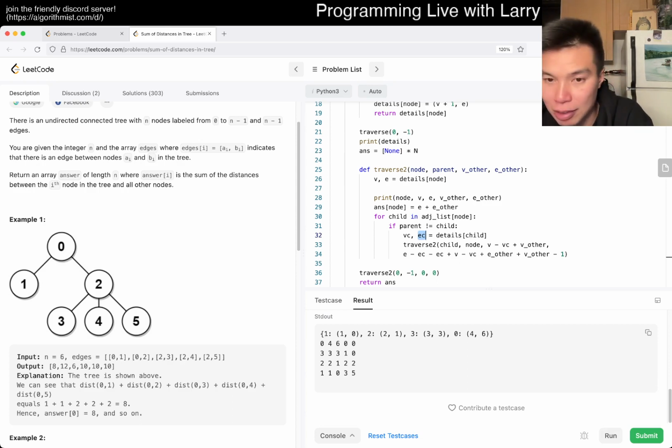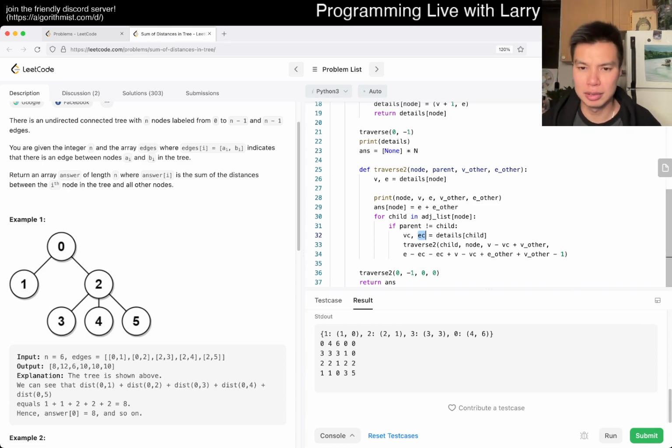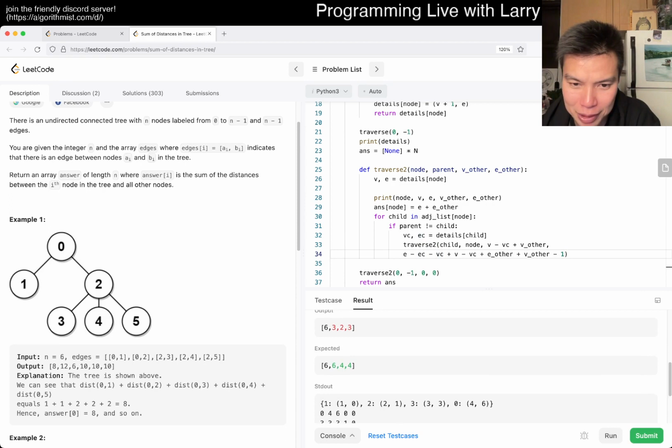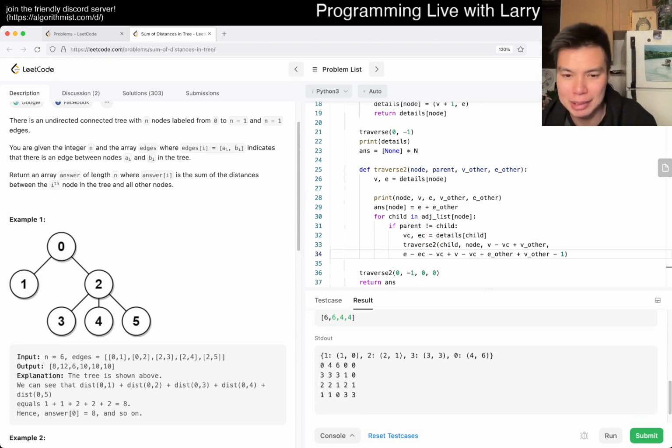I'm confusing myself. Okay, so we have 6. We go back, we say the child has 3, okay, and then we minus 3 again. No, I think that's why. This should be a VC. Maybe not. I think maybe. But maybe.